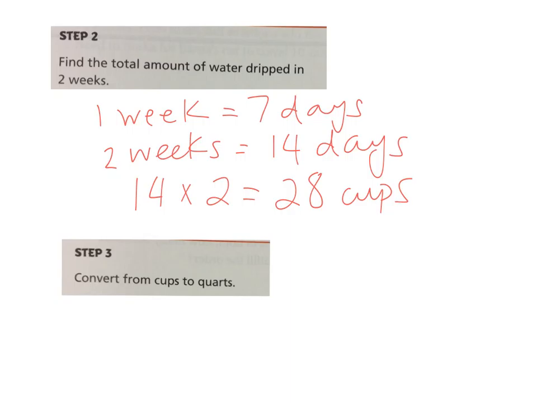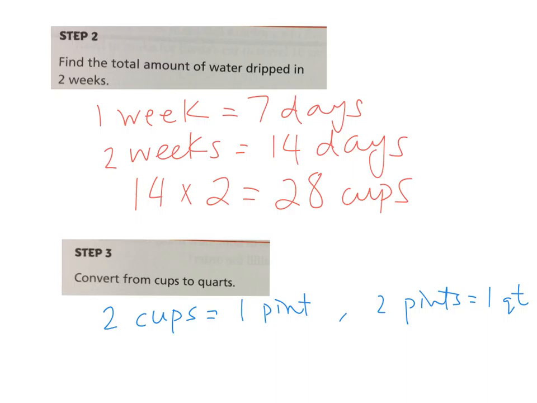Then we're almost done, but we know that we need to convert from cups to quarts because the question is asking us how many quarts. So Colin, how can I convert from cups to quarts? Please write this down. There are 2 cups in 1 pint, and there are 2 pints in 1 quart. You can divide the number of cups by 4.